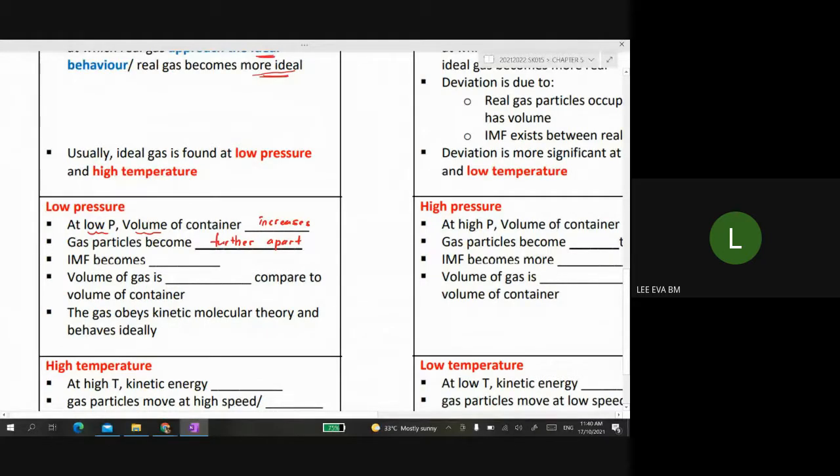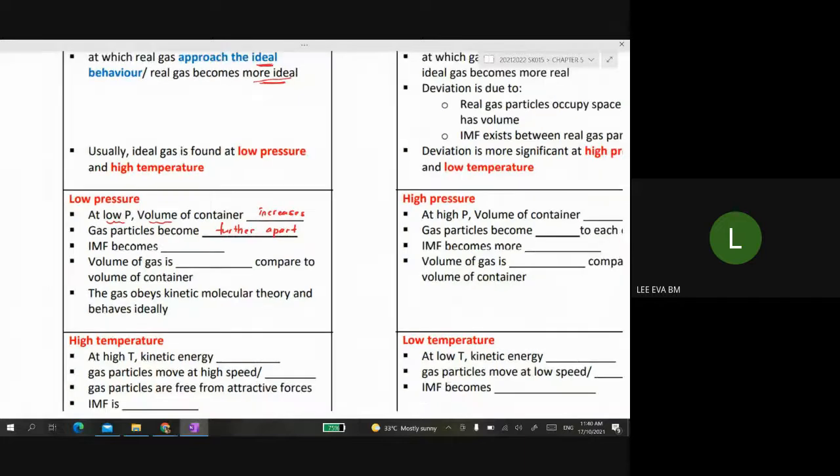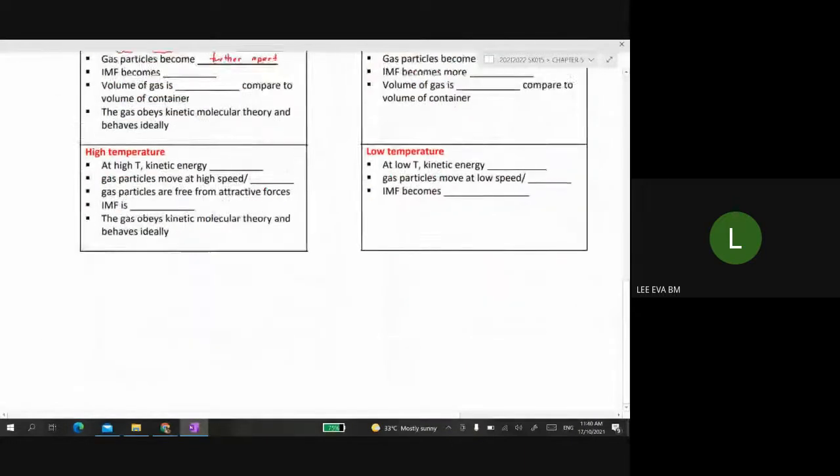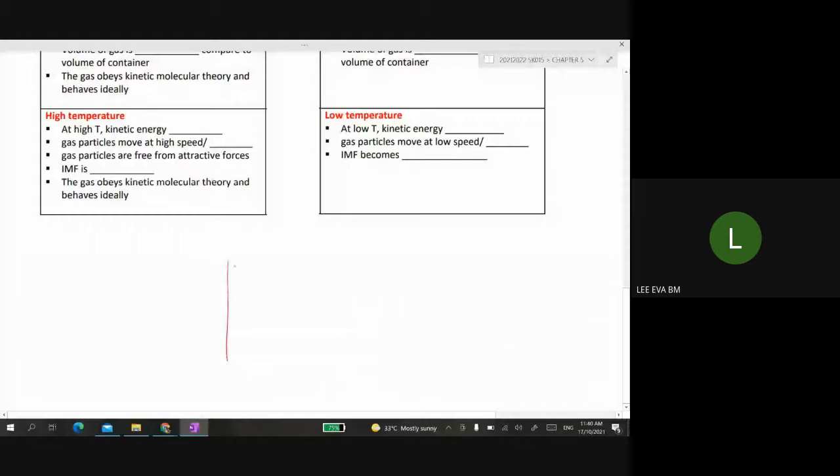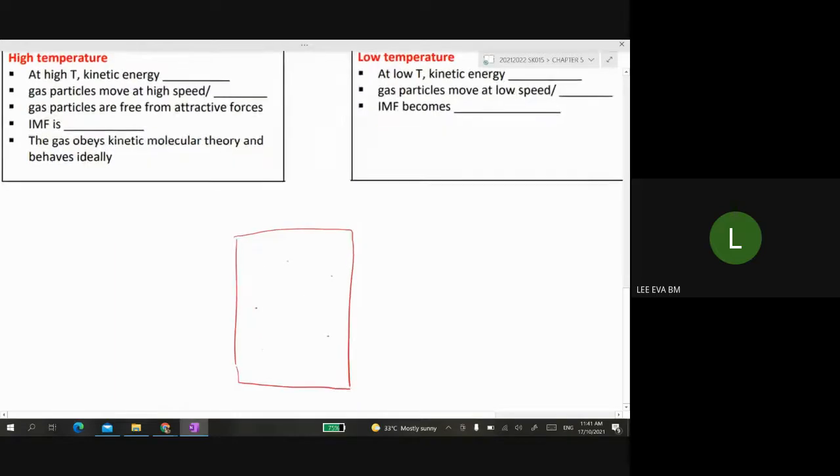Okay, so when they are located far from each other, intermolecular forces become, what is the keyword if you refer to ideal gas? Intermolecular forces become? If I try to draw a diagram, say over here you have a very big volume, compared to the volume of the particles, the dots I draw over here, you can't even see them.